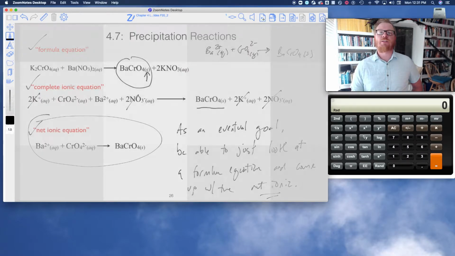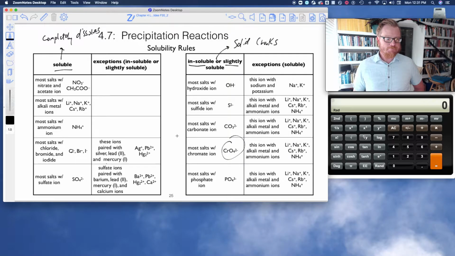So let's go back and look at the solubility rules, okay? I remembered my rule for nitrate, that basically everything with nitrate is soluble. And then I can see, oh, here I have sulfate, and sulfate is supposed to be soluble except when paired with lead.